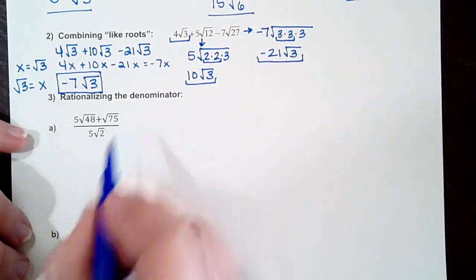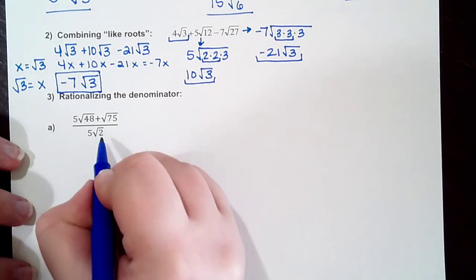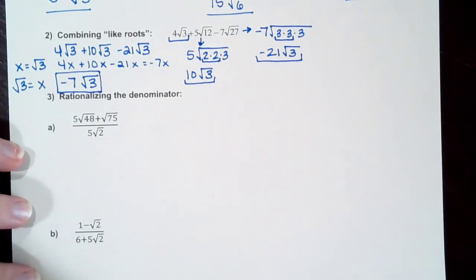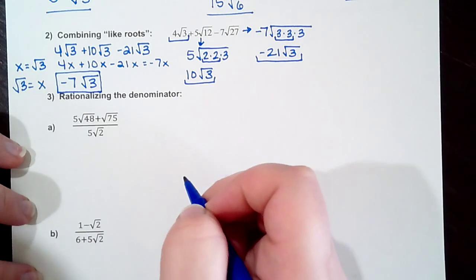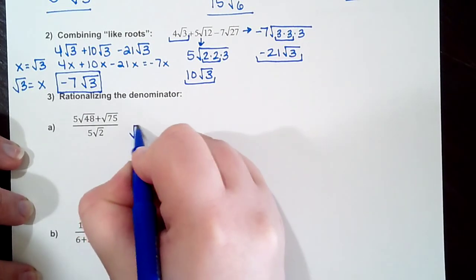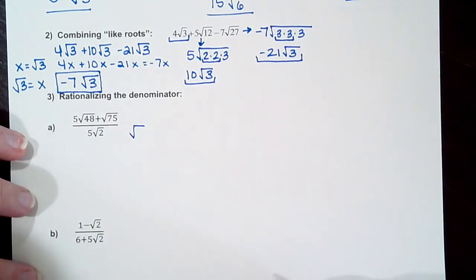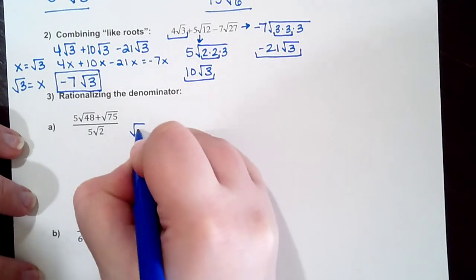All right, rationalizing the denominator. We've looked at this a little bit, but here's a quick refresher. If there's only one root on the bottom, as opposed to 2 terms here, if there's only one term, we're going to multiply that by just that term. Whatever term cancels out the square root. Now we'll see on the back where we're not working with a square root, that's a little bit different.